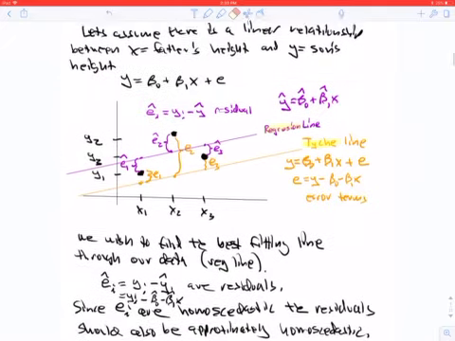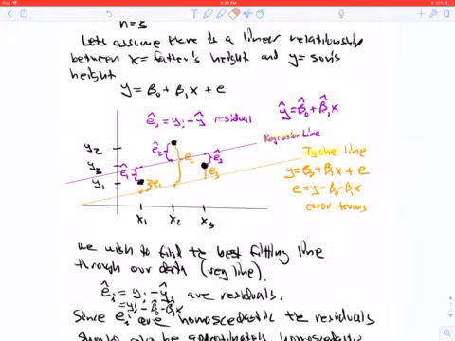Okay, and so an important assumption here is that our x and y are related by a linear model, and so essentially the points should be a random scattering around the true line, and so we would then expect the regression line should be pretty close to the true line, and so we should essentially be getting a random scattering around the regression line, and so the residuals should also be homoscedastic, and so just a constant variance.